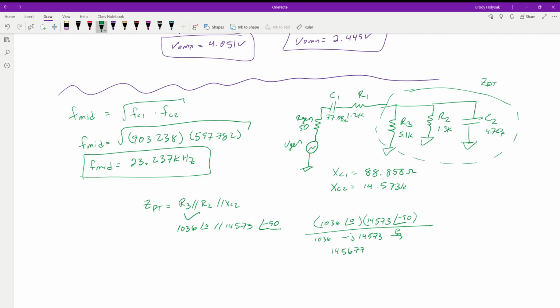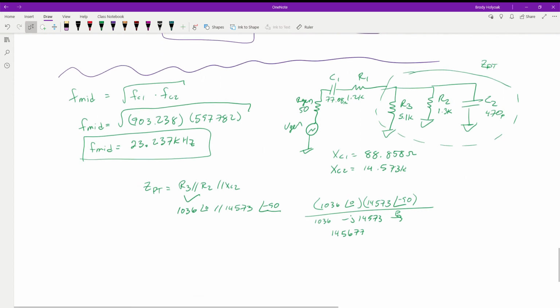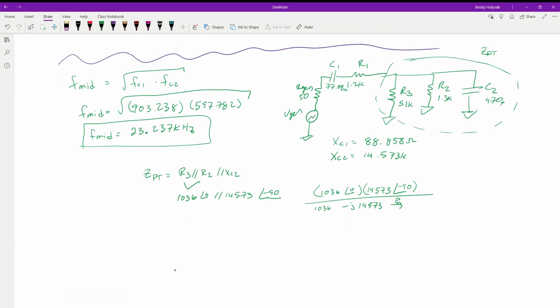What did I do wrong? Anyway, I'll just continue on. Sorry about that. I just realized I screwed up a little bit of my notes. I had a wrong value here, so the rest of my values are going to be off.